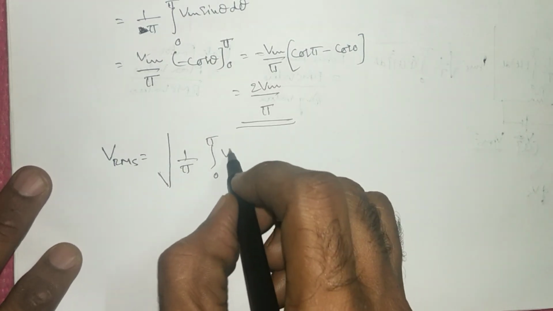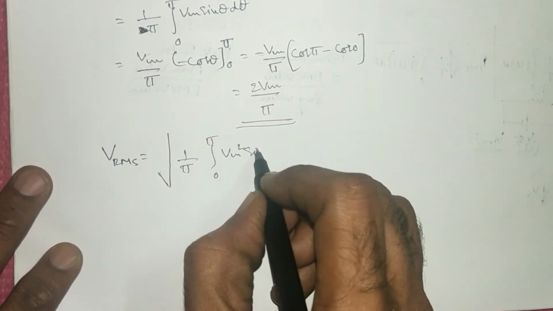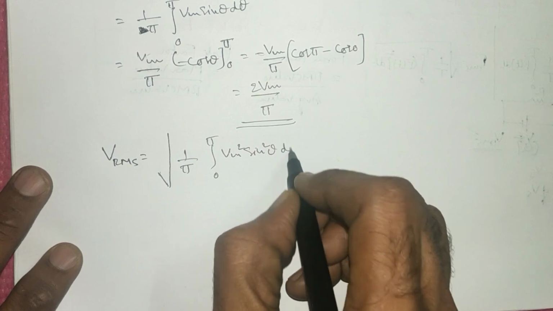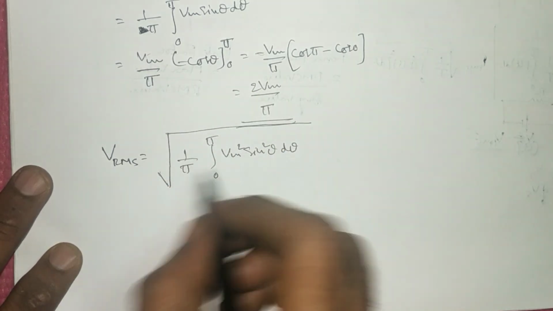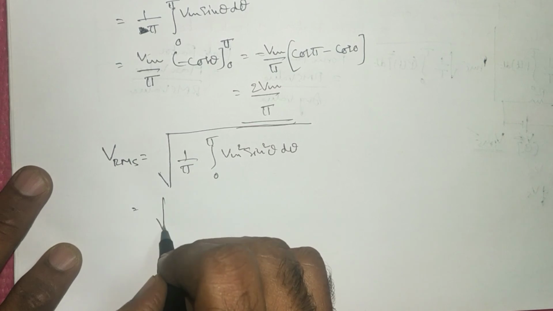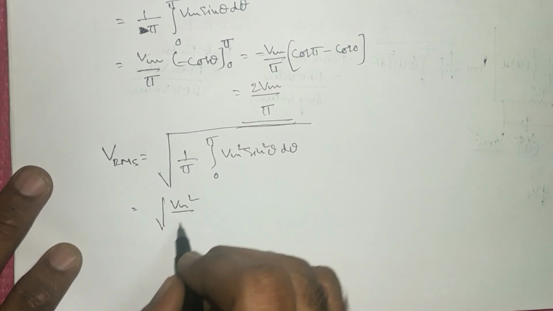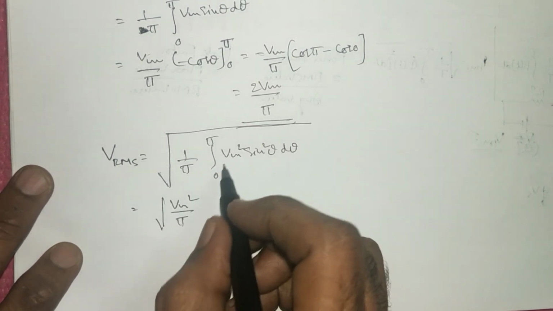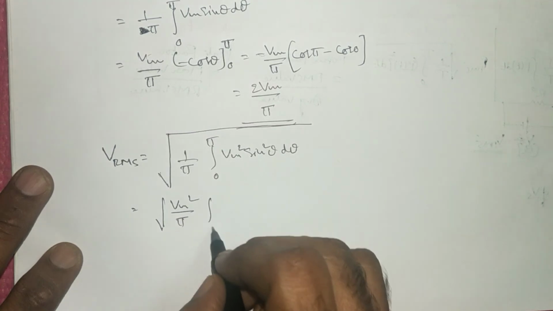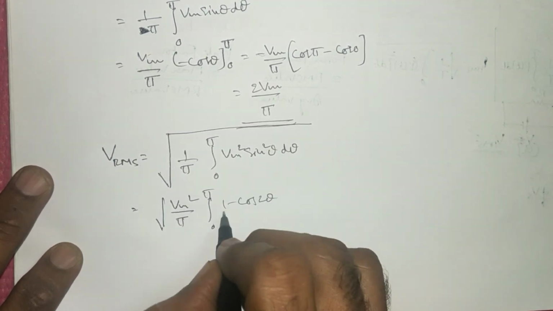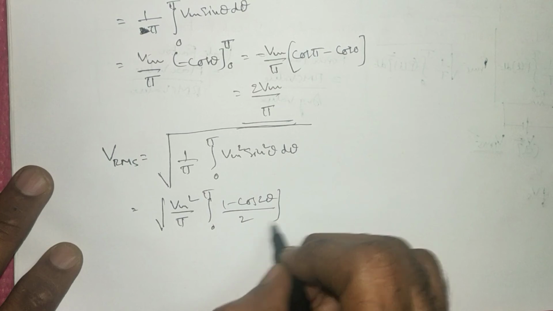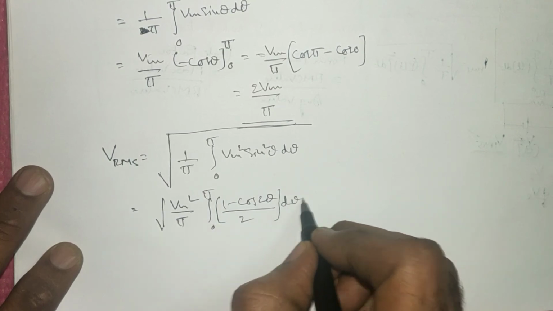So Vm sin theta squared, we get Vm square sin square theta d theta. Let me take Vm square outside. We get Vm square divided by pi, and sin square theta I am writing as 1 minus cos 2 theta by 2, into d theta.